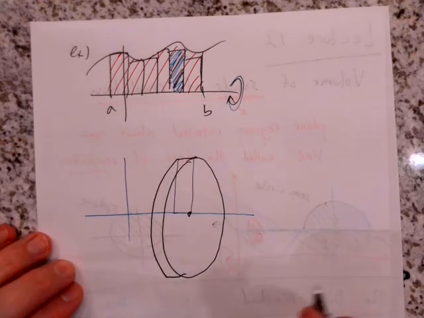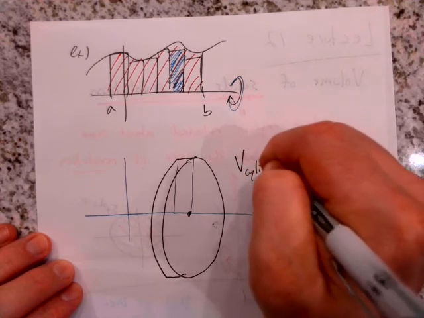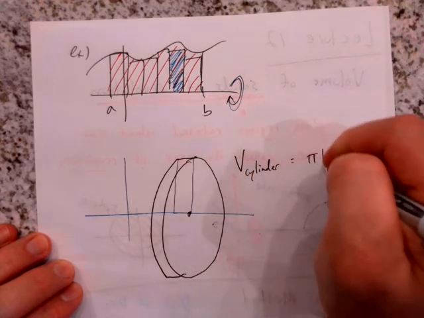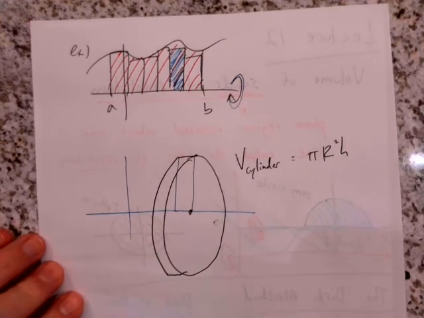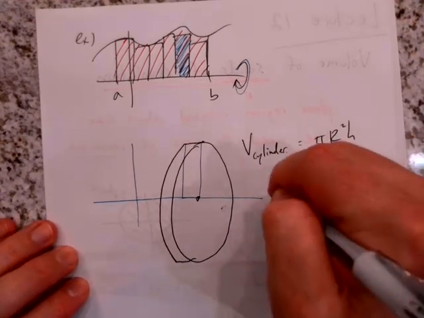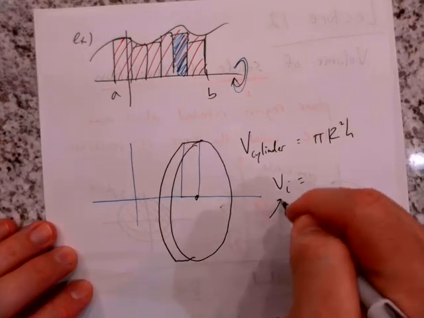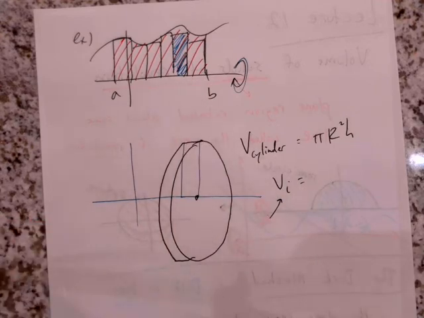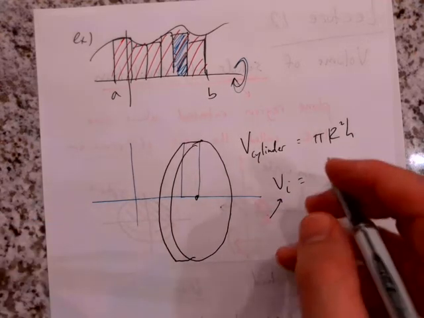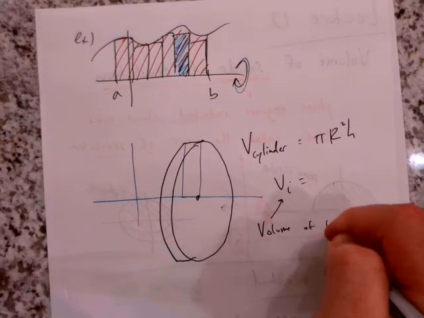Since it's a cylinder, the volume of that one cylinder is pi r squared h. Right, and so essentially we'll call this V sub i. V sub i is the volume of the ith cylinder, because when you rotate these rectangles around the axis of revolution, you get a finite number of cylinders.